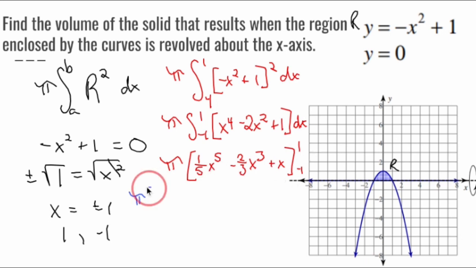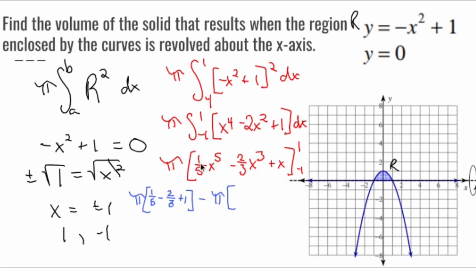So I have pi. Let's do a little bit of mental math. 1/5, because the numbers aren't that bad. 1/5 times 1 to the 5th is 1, so 1/5 times 1, easy. Minus 2/3. 1 to the 3rd is 1, so minus 2/3 times 1 is minus 2/3, plus x, which is plus 1. Okay, got it. Minus. The second part of the fundamental theorem of calculus is to write that out again using the lower limit.